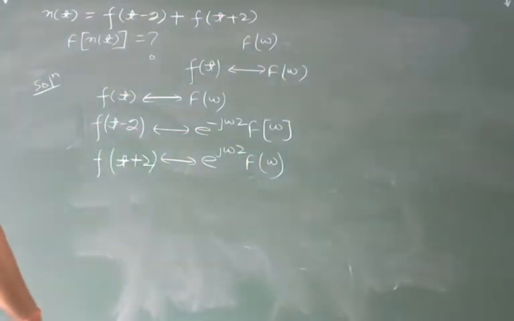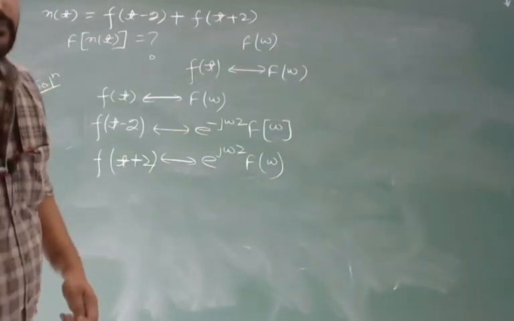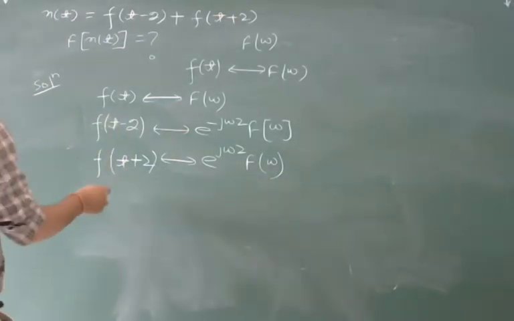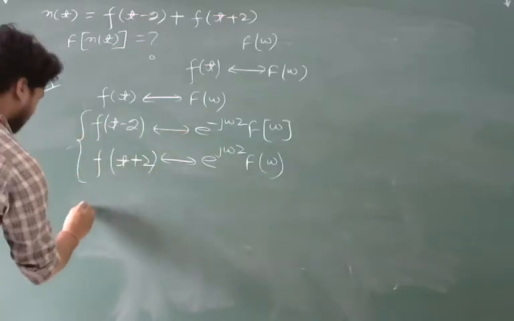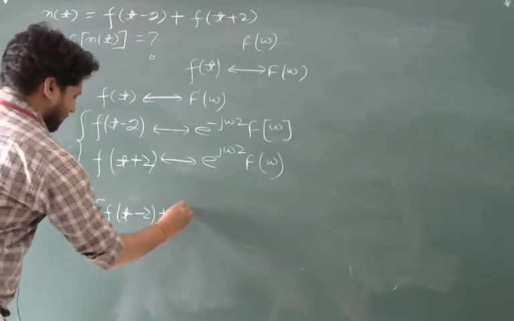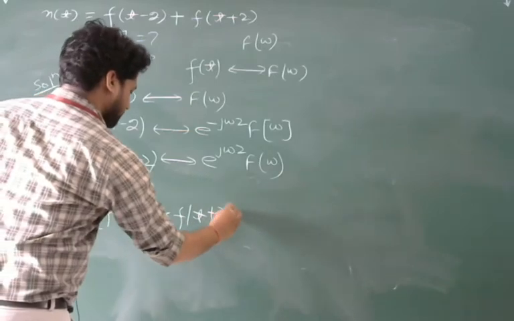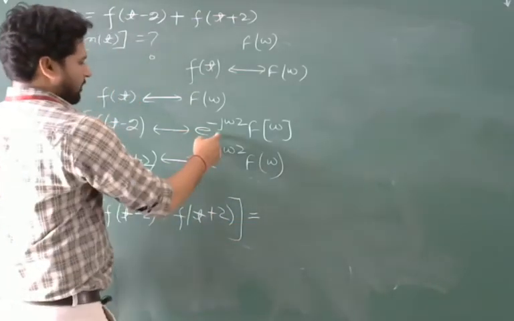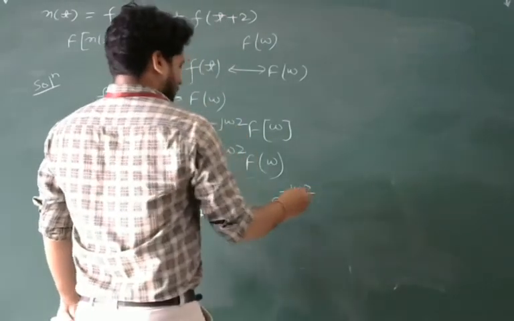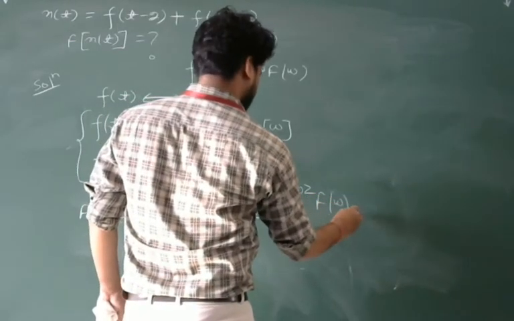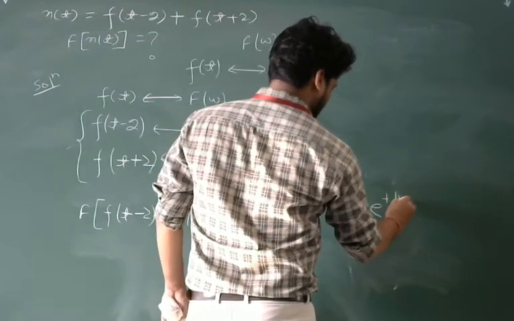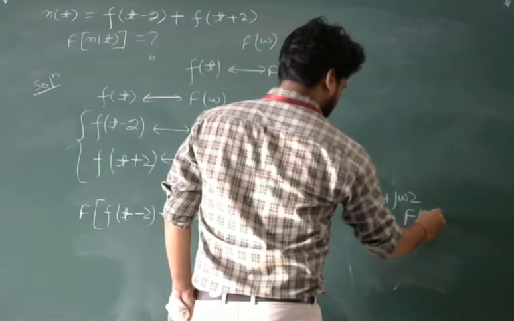And by using the linearity property of the Fourier transform, we can combine these two equations as Fourier transform of f of t minus 2 plus f of t plus 2 will be equal to e power minus j omega 2 F of omega plus e power plus j omega 2 into F of omega.